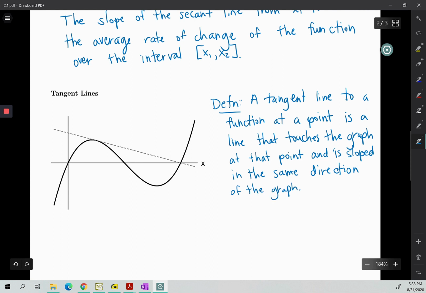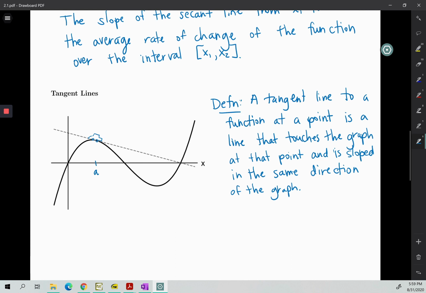You can see from this picture that this dotted line is a tangent line to this function at this point. We could call it A. One way of thinking about this is to think of a little car driving along your curve. Imagine you have a little car like this, and the tangent line is showing where the headlights and the tail lights would be shining.